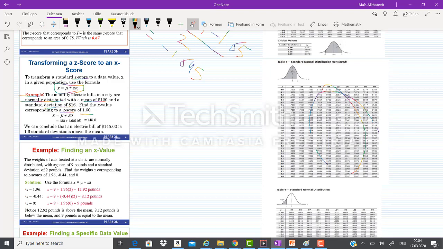I have the formula X equals mu plus Z sigma. Mu is, as I saw here, 120, Z is 1.60, and sigma is 60. I will have 145.6.